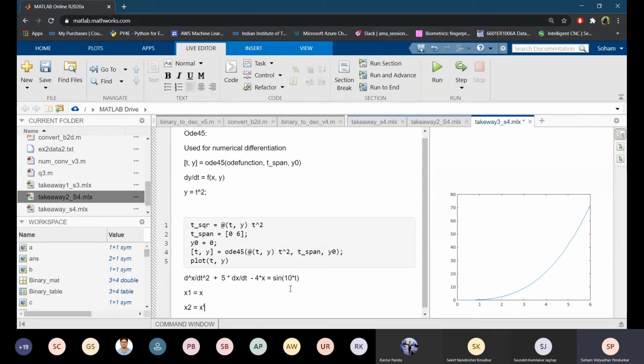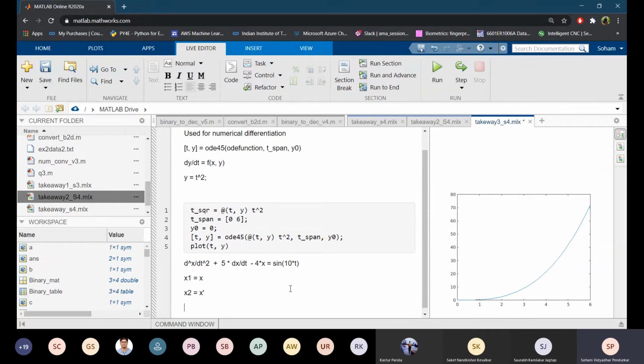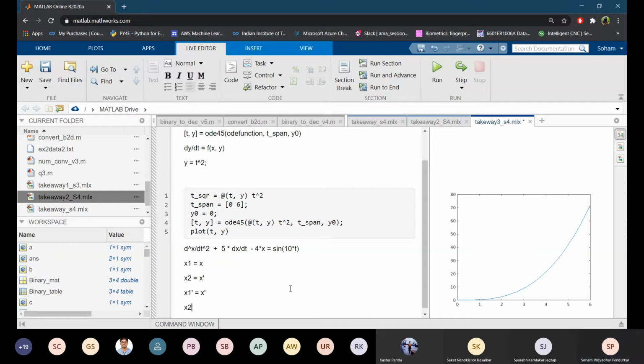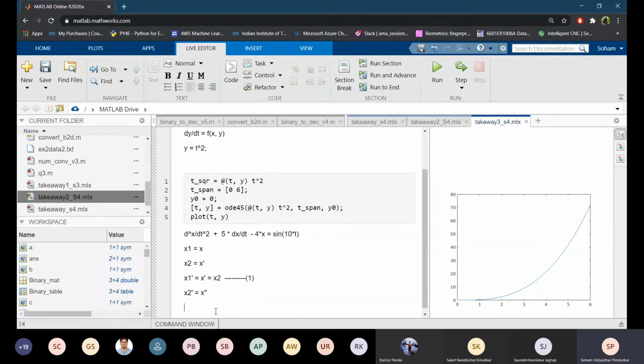After defining this, take the derivative: x1 dash equals x dash and x2 dash equals x double dash. Now if you see, x1 dash equals x dash, which is actually x2. So x1 dash equals x2. Remember this as equation 1. And x2 dash equals x double dash. Now I'll go on and see this one.